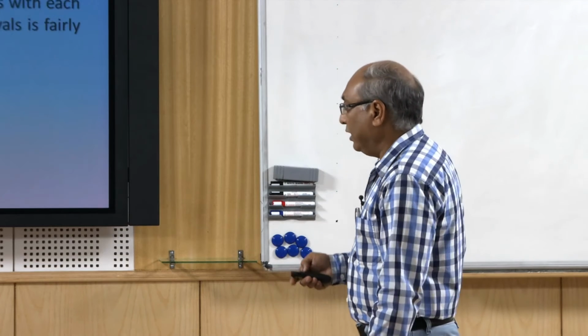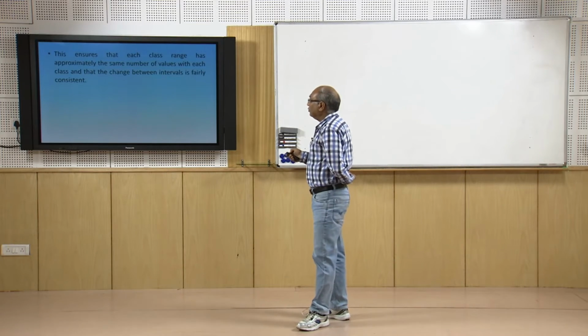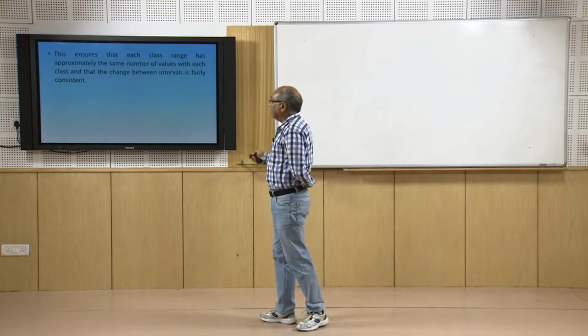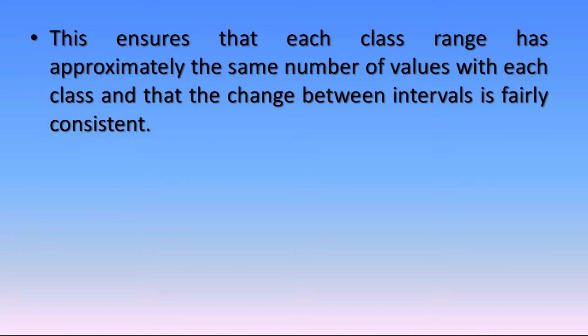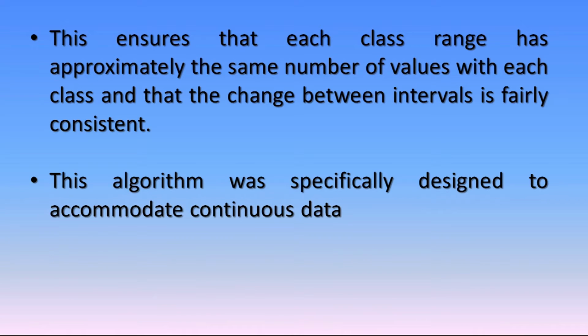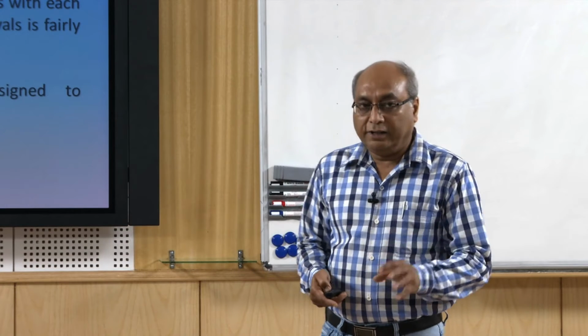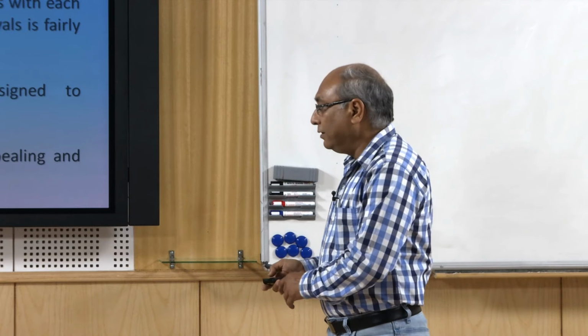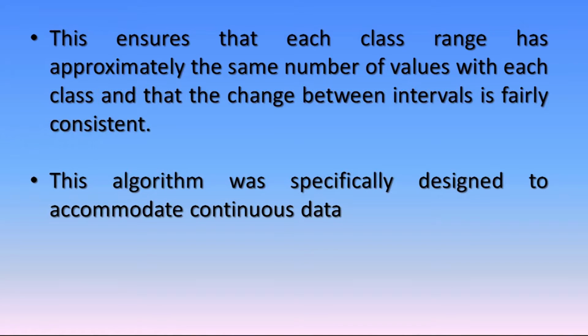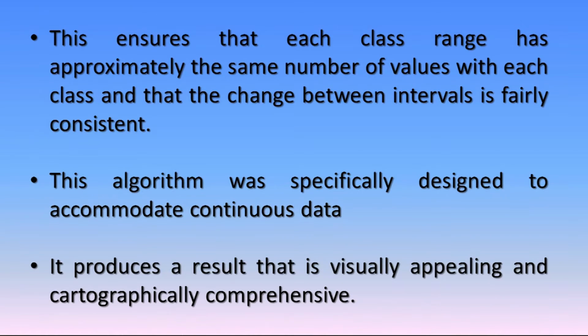That is the main aim here, and this ensures that each class range has approximately the same number of values, and that the change between intervals is fairly consistent. This algorithm was specifically designed to accommodate continuous data, and is very suitable for it. It produces a result that is visually appealing and cartographically comprehensive.